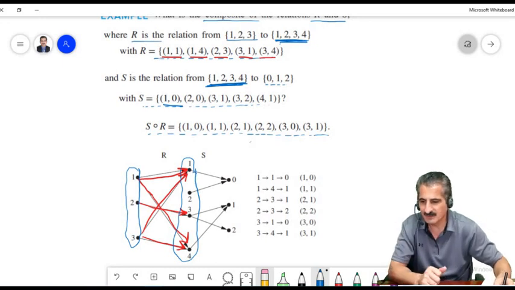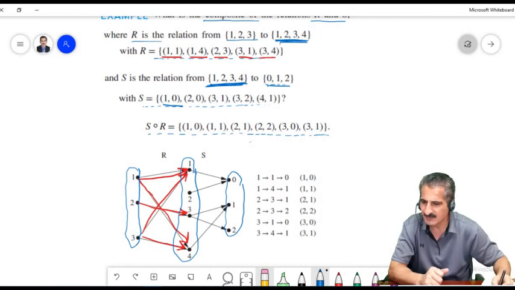And then now we represent the elements of S. S goes to 0, 1, 2, so we have in here 0, 1, 2. 1 goes to 0, 2 goes to 0, 3 goes to 1, 3 goes to 2, and 4 goes to 1.